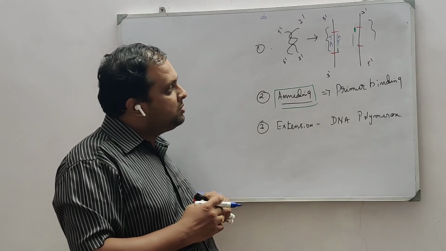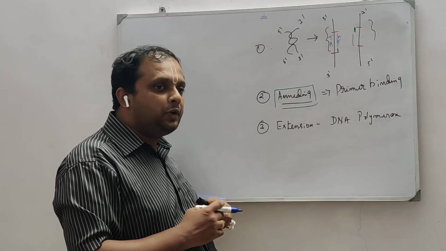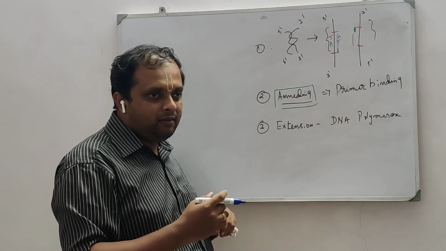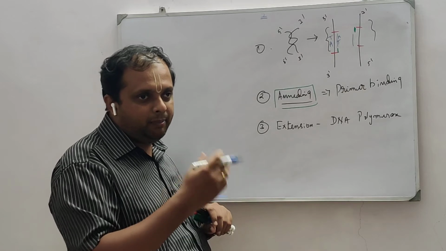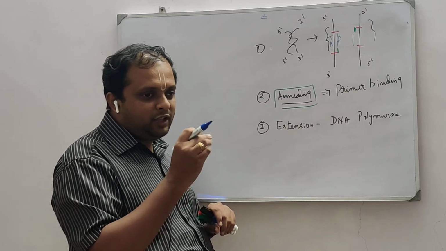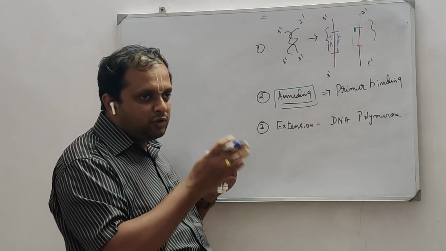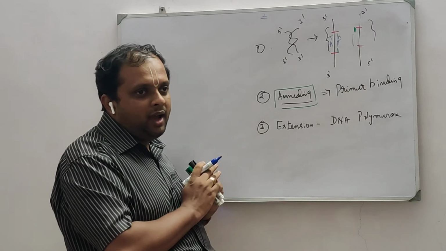So where does the DNA polymerase recruit the nucleotides from? That's the reason we have provided dNTPs. You can get back to that part: dATP, dGTP. It is a nucleotide triphosphate, but what is required here is a monophosphate, so two phosphates are removed and the monophosphate is added here.